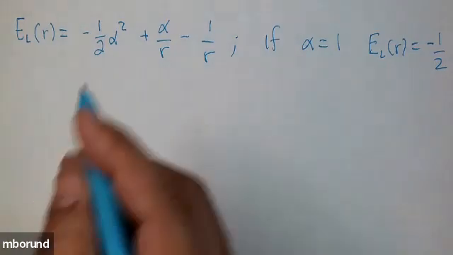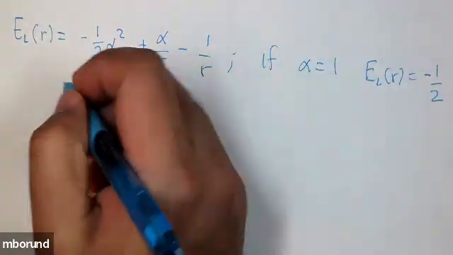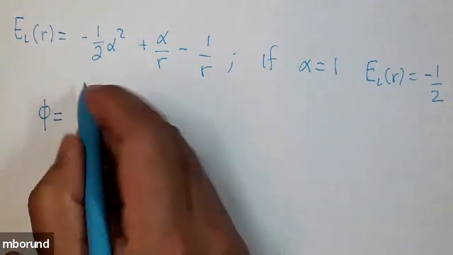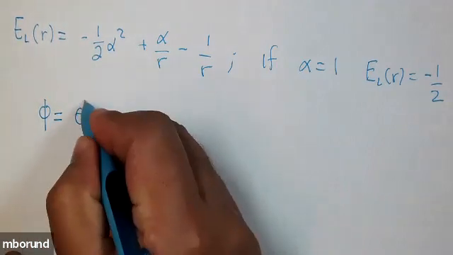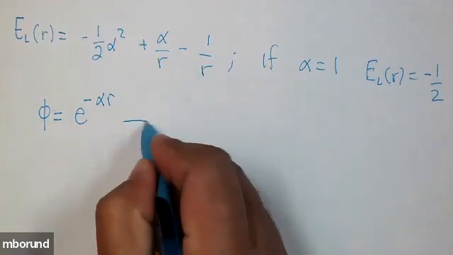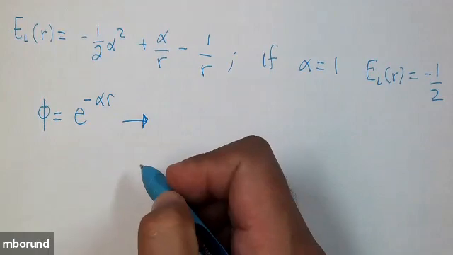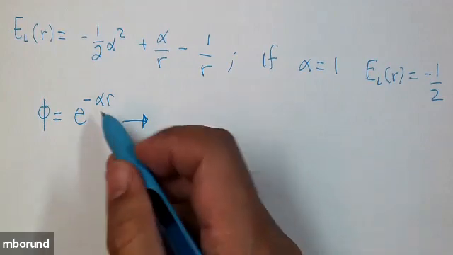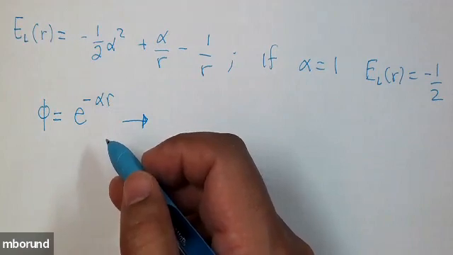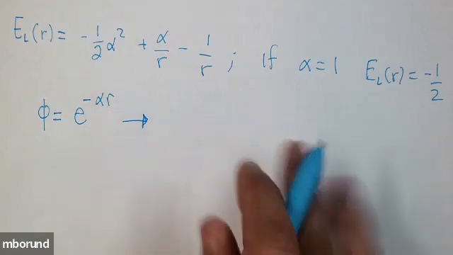So if we look at it, what that means is that this equation right here that we're using, the exponential with alpha R, this is our variational trial wave function, right? With alpha being some constant that we can vary, that's our variational parameter.